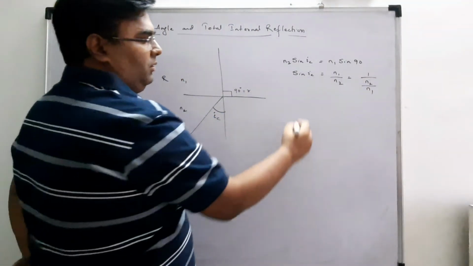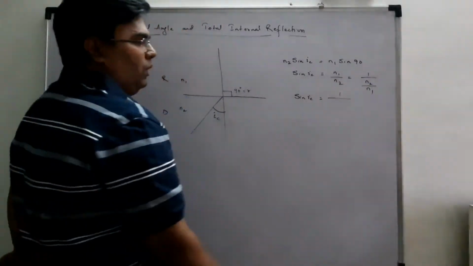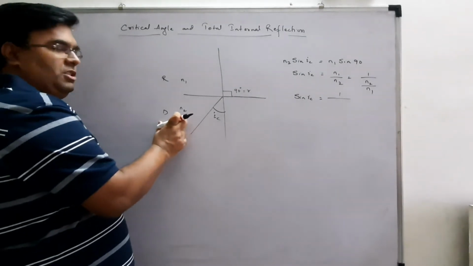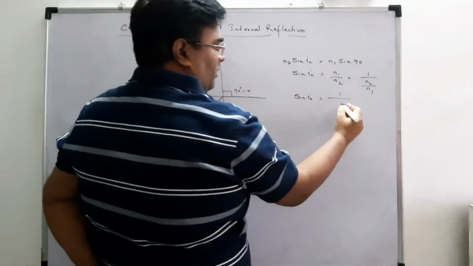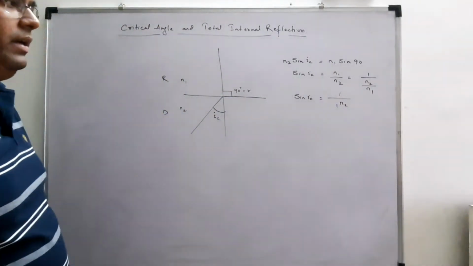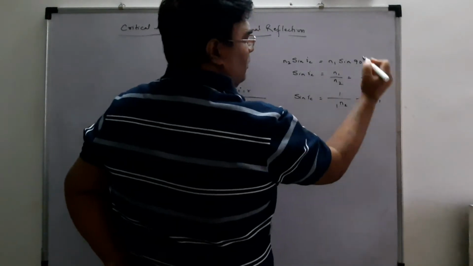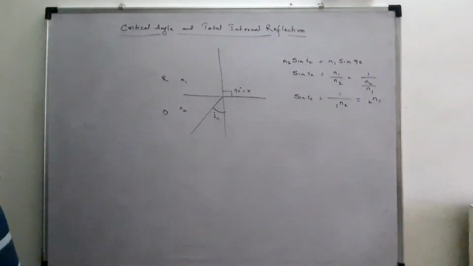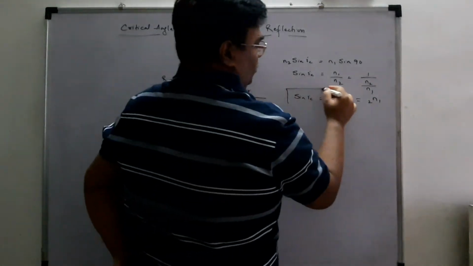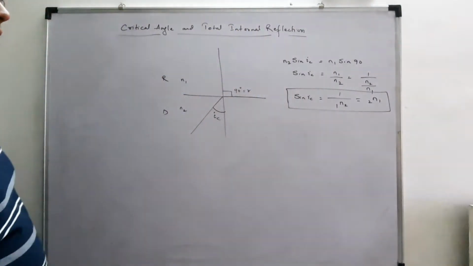So your sine IC will be 1 upon the refractive index of the denser medium with respect to the rarer medium. Or you can write it as the refractive index of the rarer medium with respect to the denser medium. So you have got a formula for calculating the critical angle, right?